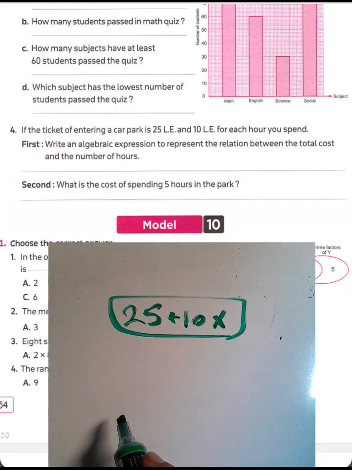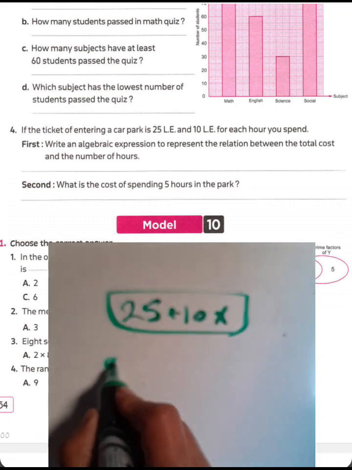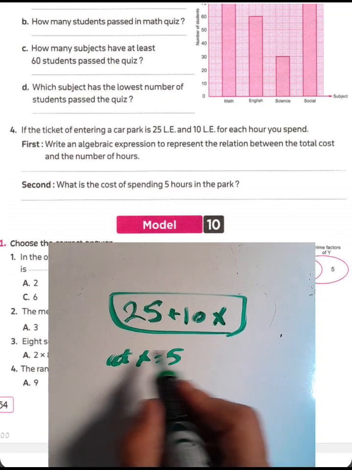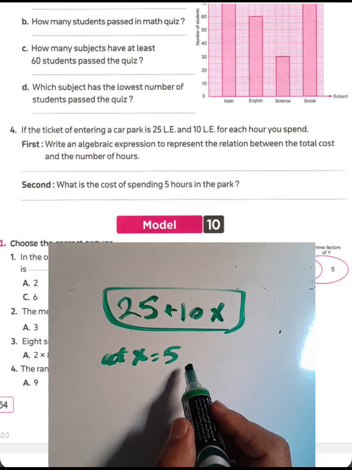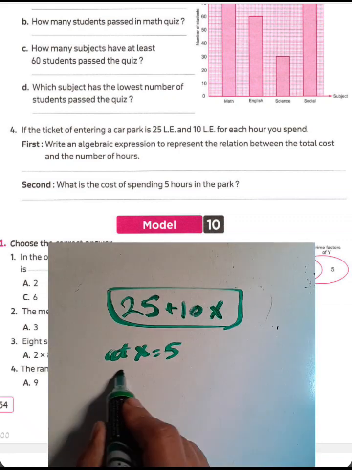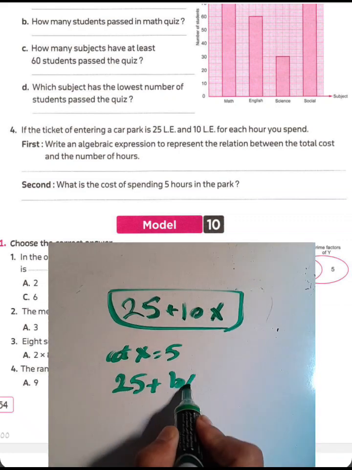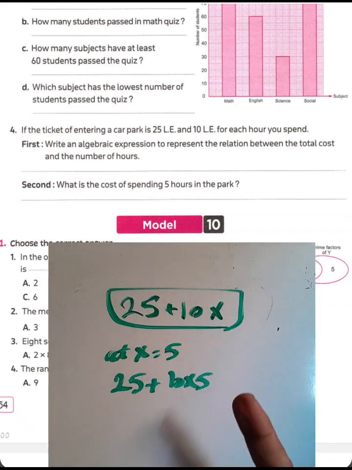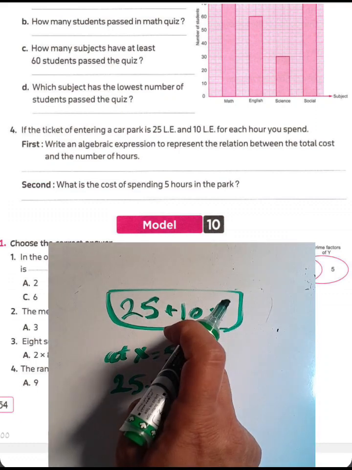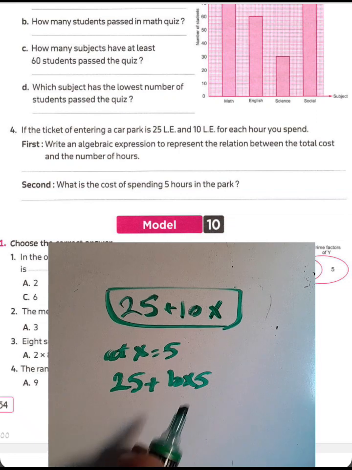And the second question: what is the cost of spending 5 hours in the park? At x equals 5, the total money will be 25 plus 10 multiplied by 5, because each hour he will pay 10 Egyptian pounds.